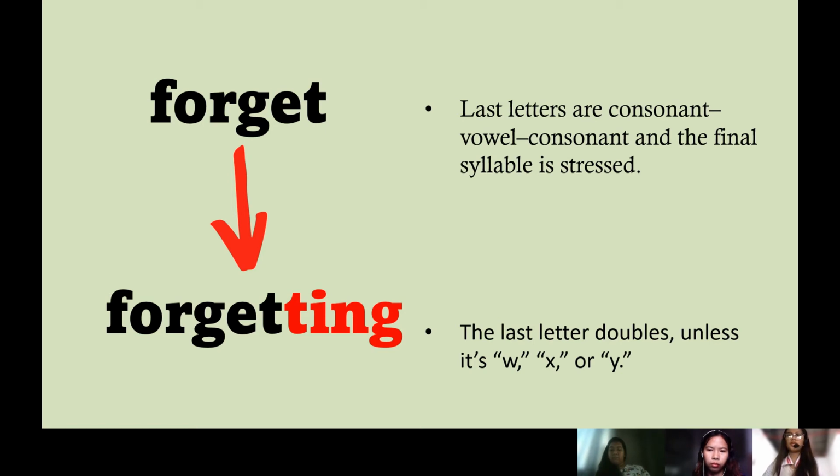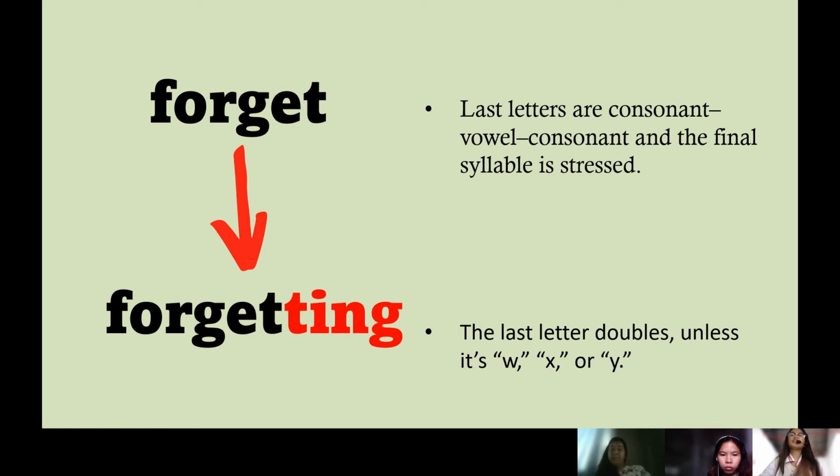So if you can see here, consonant, vowel, consonant. And the final syllable is stressed. So kapag binabasa natin yung forget, we say forget. So there is a stress when we are pronouncing the word forget, right? So that's why when we are going to add ing, we are going to double the letter.